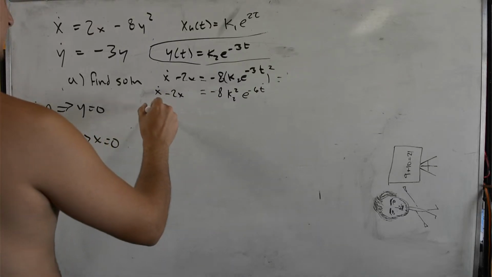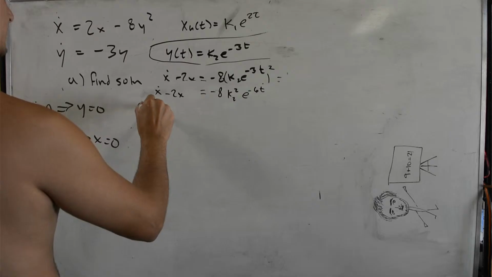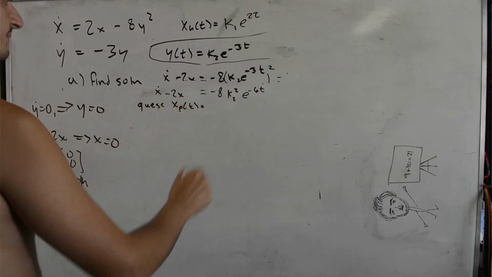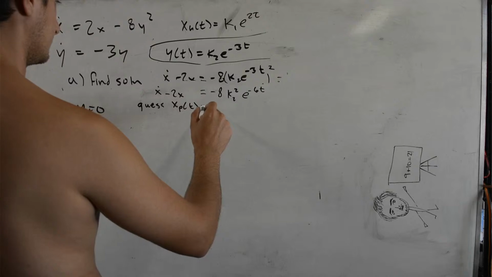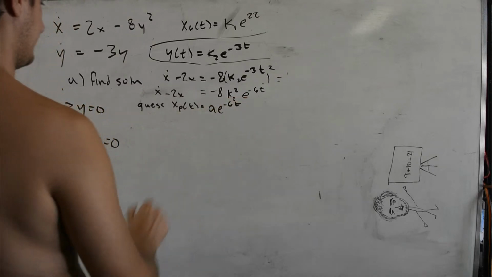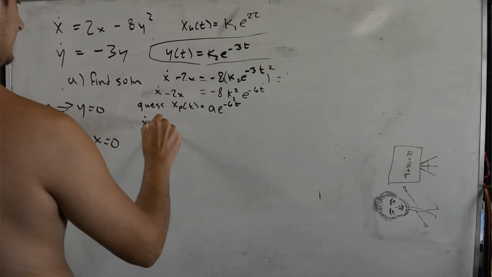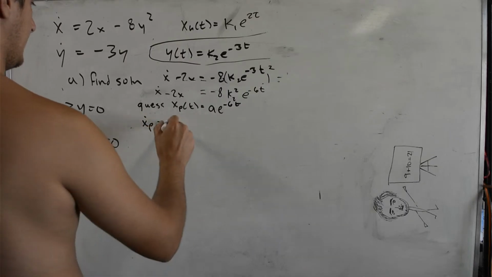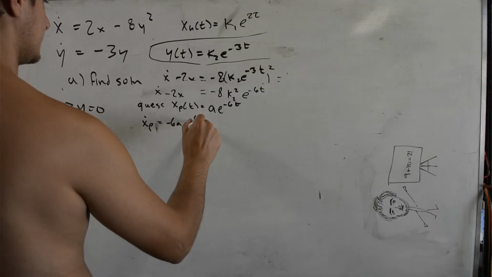We need to guess. So we guess xp of t is equal to a e to the minus 6t this time. Then we get xp dot is equal to minus 6a e to the minus 6t.